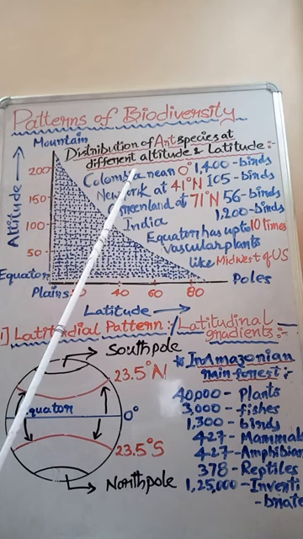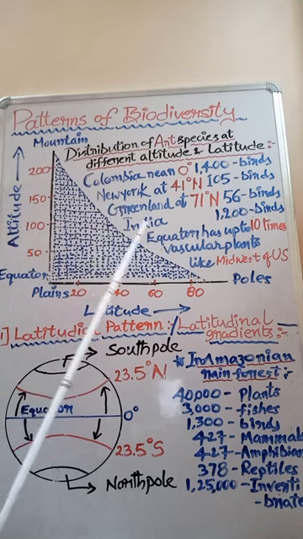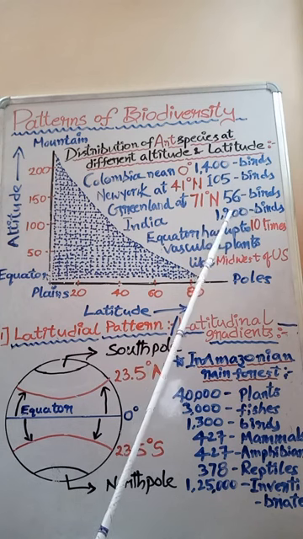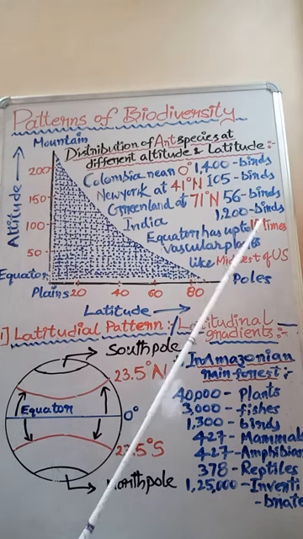A forest in a tropical region like the equator has up to 10 times as many species of vascular plants. These plants are vascular plants.